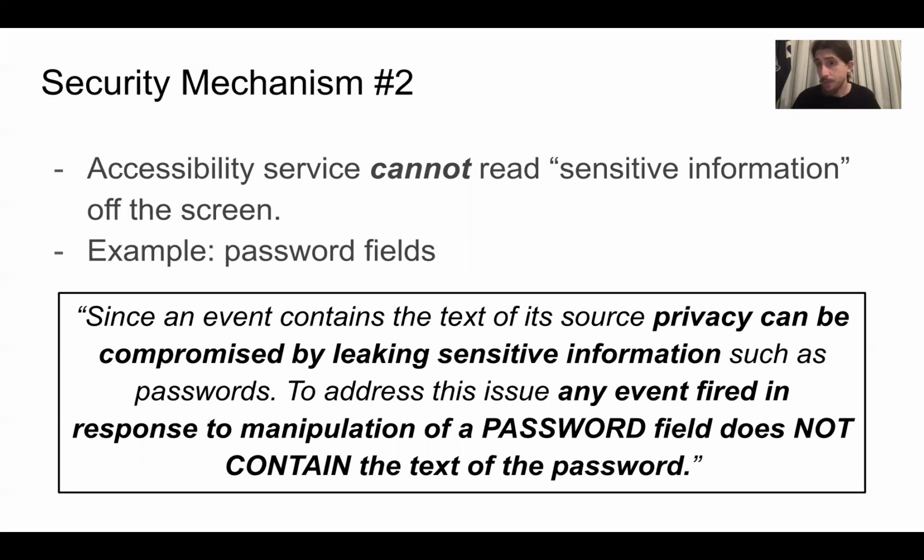And at that point it was true, in the sense that if you type a password, you will get the events that the user is modifying this, but you will not get the actual content of the password. It will be clearer later on why I am discussing this as it was like this, but now it's not like this. We'll see later. Okay, cool.